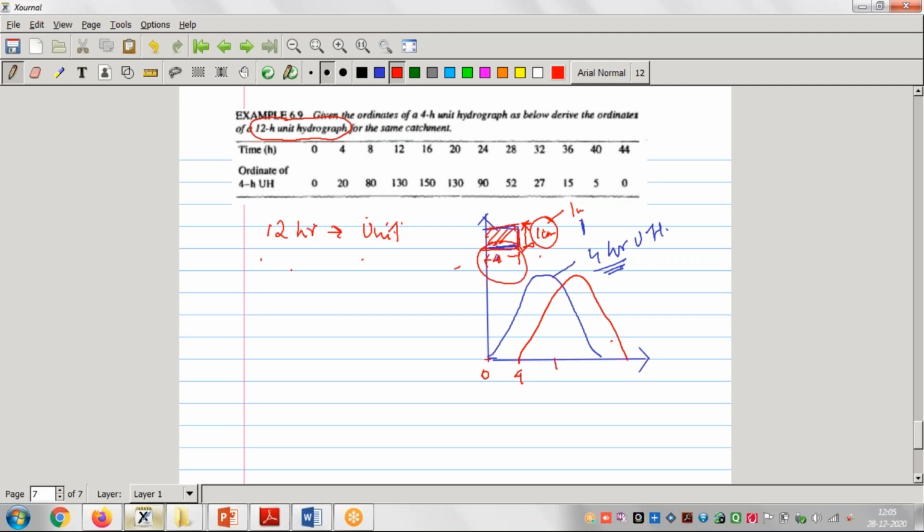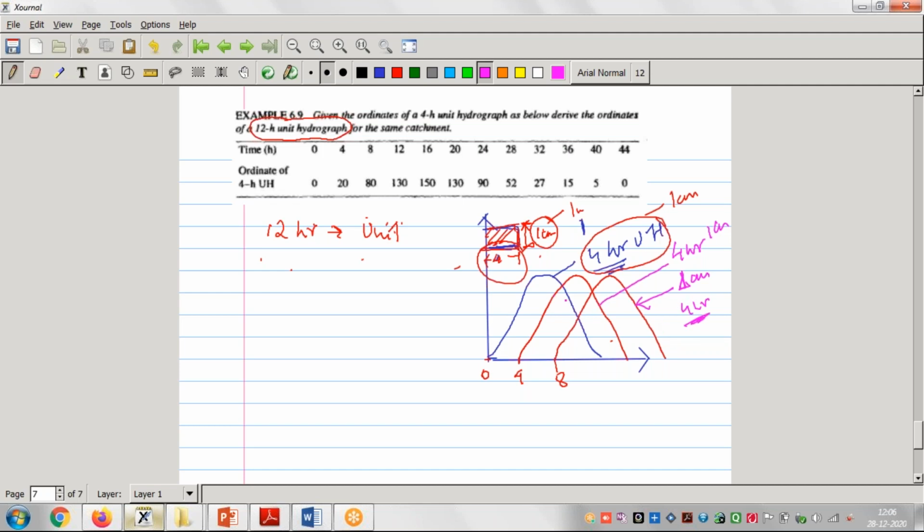And again after 8 hour, I will start and get the same graph. This graph is because of 4 hour and 1 centimeter rainfall, this graph is again 4 hour and 1 centimeter rainfall, and this graph is also because of 1 centimeter rainfall and 4 hour hydrograph, right?